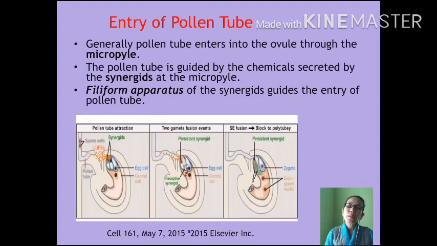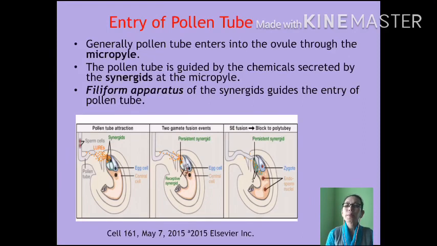After successful fertilization, entry of additional pollen tubes is blocked by the embryo sac. This mechanism is initiated by the second, or the other, synergid. This second synergid cell would fuse with the fertilized central cell, thus causing the dilution of the pollen tube attractant, and at the same time there is subsequent disintegration of the second synergid.